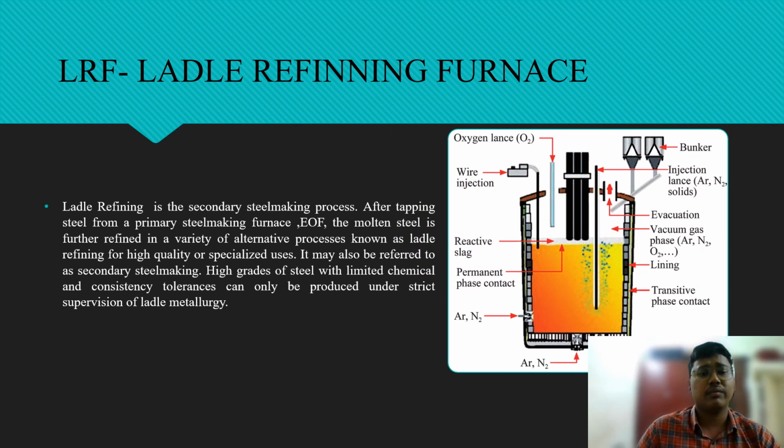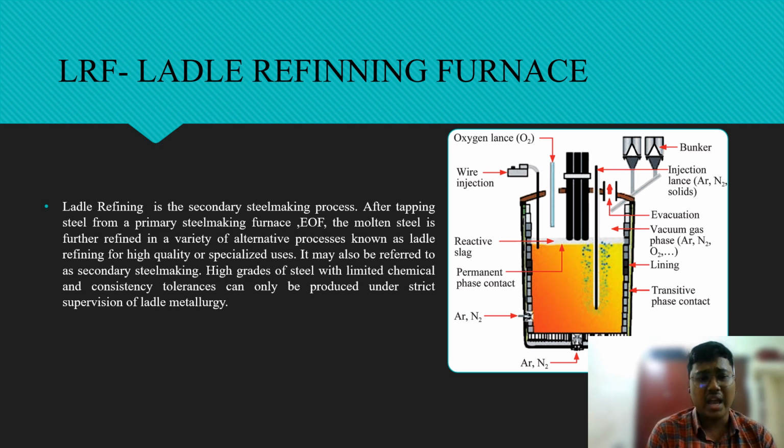After tapping steel from the primary steel making furnace, that is the energy optimizing furnace, the molten steel is further refined in a variety of alternating processes known as ladle refining. This is done in the ladle refining furnace. Here, the argon and nitrogen gases are pumped inside the furnace where the carbon monoxide air bubbles which are present in the liquid steel are removed.